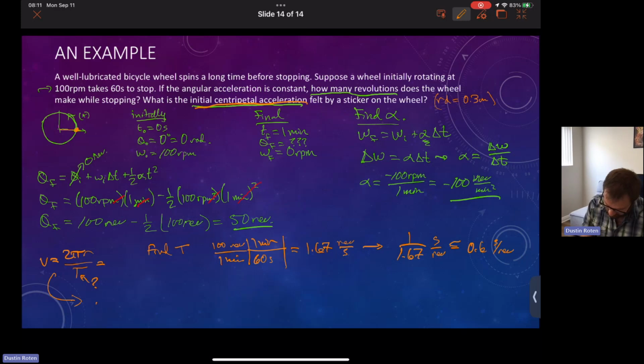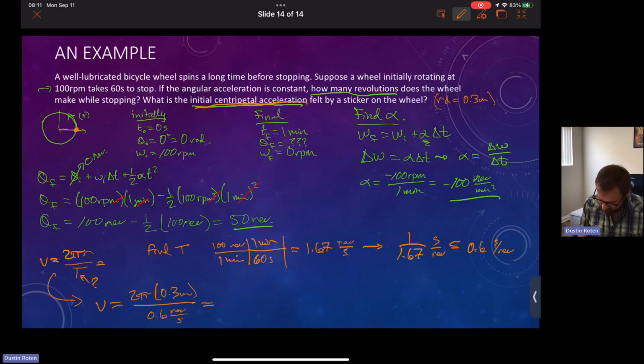Okay, so I'll just do this on a new line. So it's going to be 2 pi times 0.3 meters. Sorry for not putting that in the initial problem. So there's the radius of our bicycle tire. Okay, that's going to be divided by our 0.6 seconds per revolution. Now something kind of neat happens here.